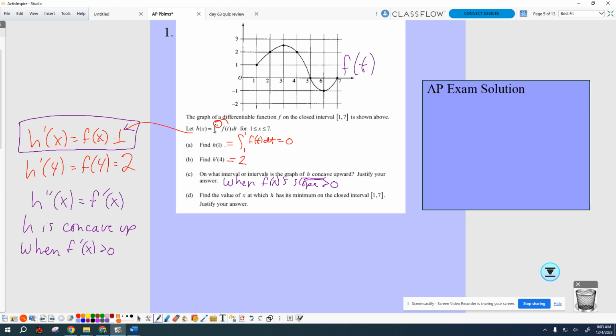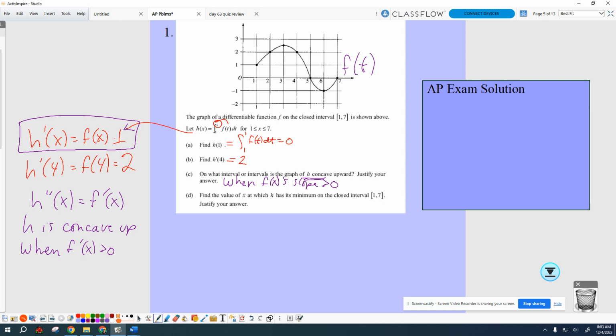And Amir, your answer, when the area under the curve of f is increasing, is bad. Well, I mean, okay. I should specify when the second derivative is positive. They should have said that. Okay, so when the second derivative of h is positive.